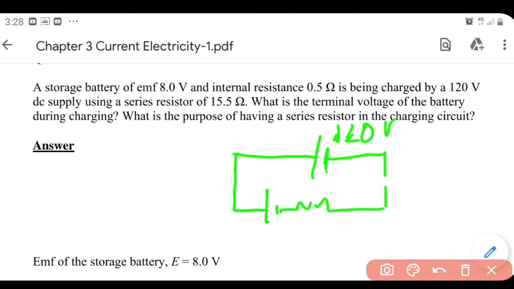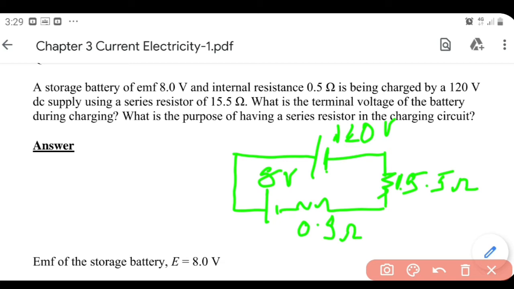And you have a series resistor connected. So this makes the circuit. This is 8 volt and the resistance is 0.5 ohm, and the series resistor is 15.5 ohm.